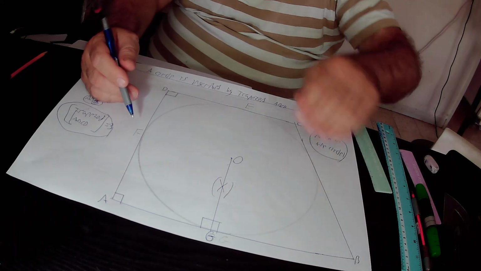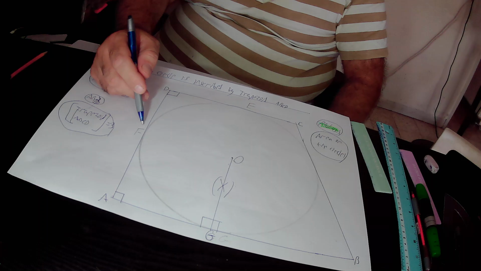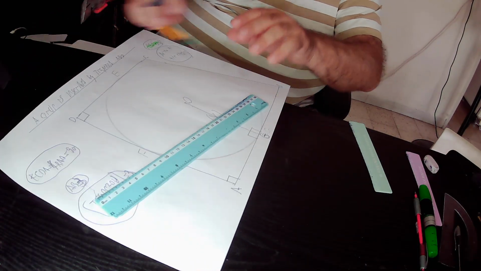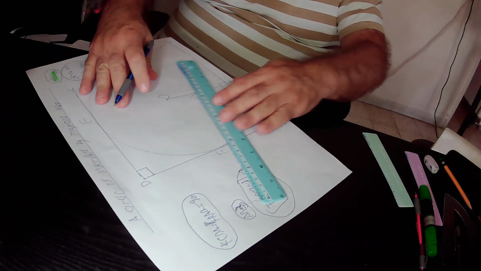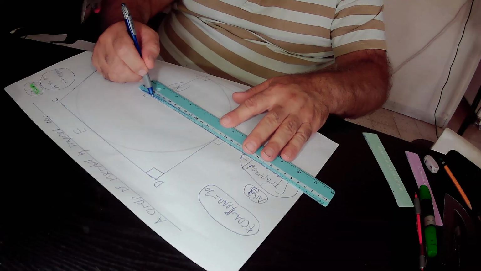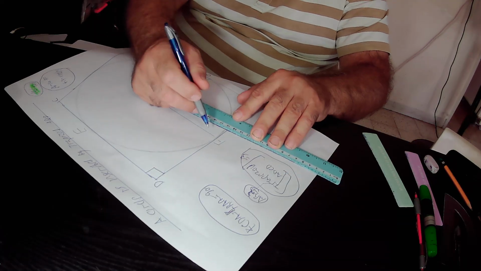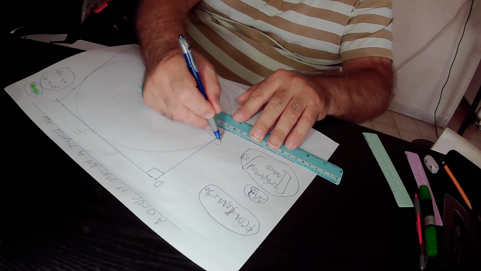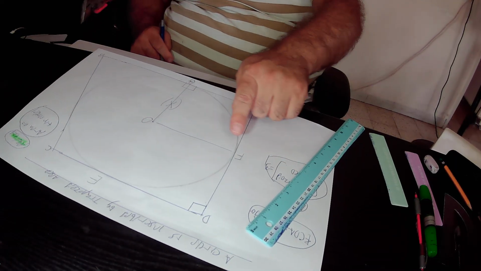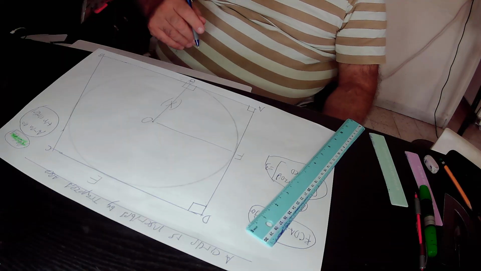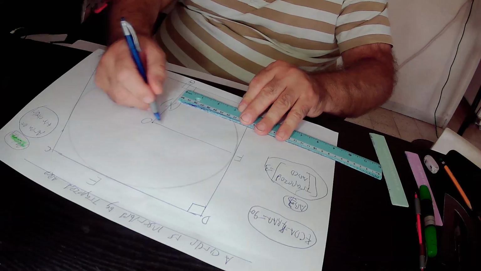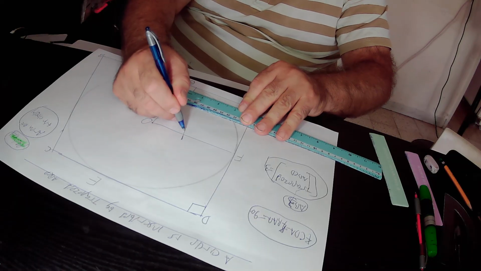Likewise, we join points O and F together by a straight line. OF is of course the radius of this circle, which equals x.